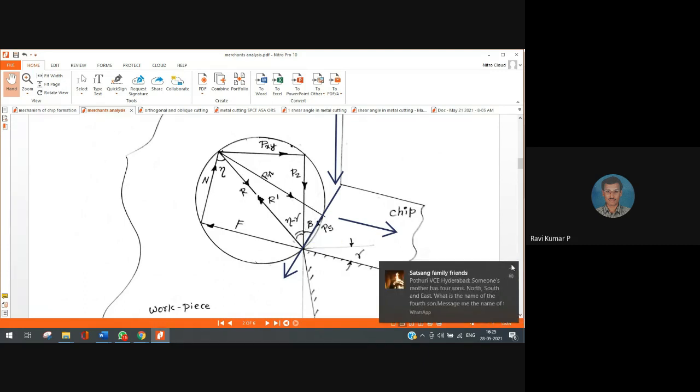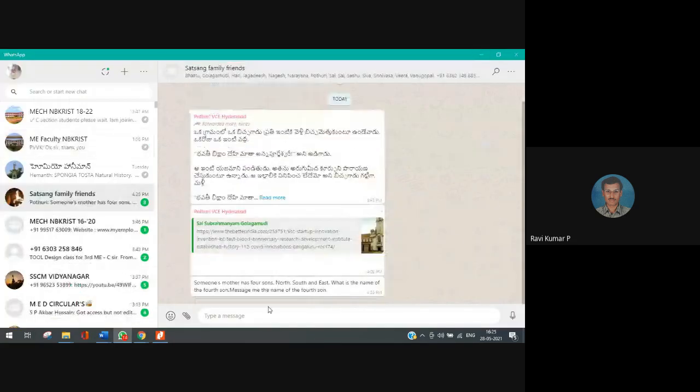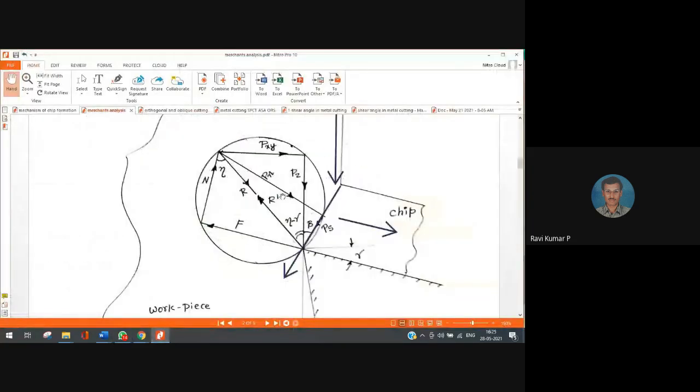Your beta is going to decide the value of the shear force and normal force, right? And therefore it will decide the value of N as well as F. Of course, when I speak of friction, the surface conditions of the rake surface and the sharpness of the cutting edge will decide the values of N and F.